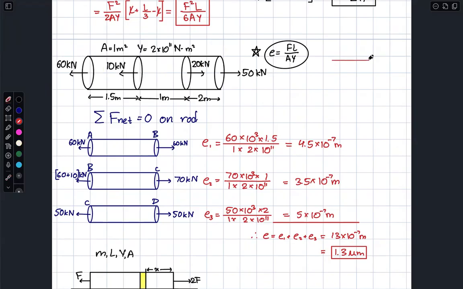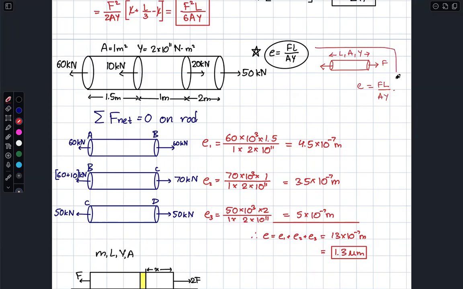If you are exerting a force F on a rod of length L, cross-sectional area A, Young's modulus Y, the elongation is F into L by AY.